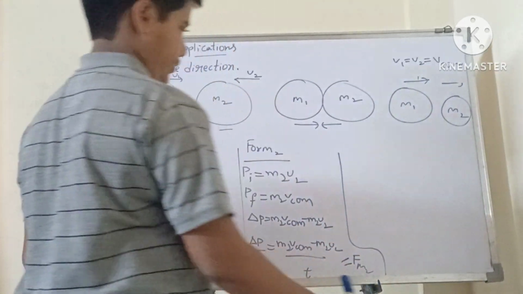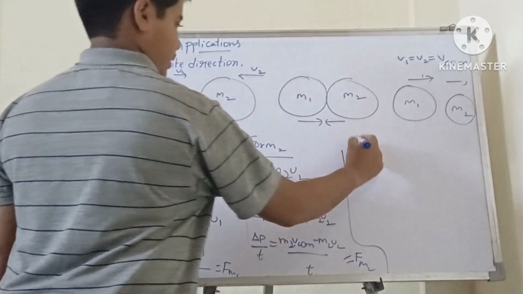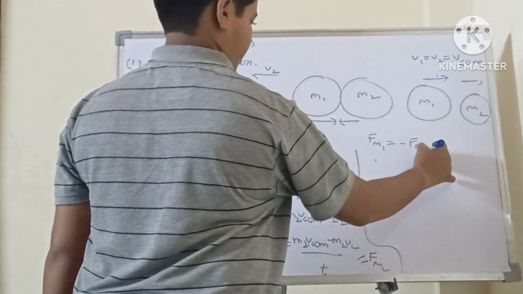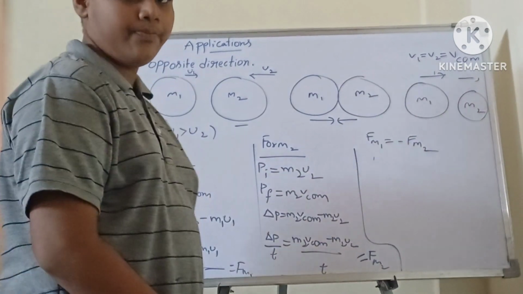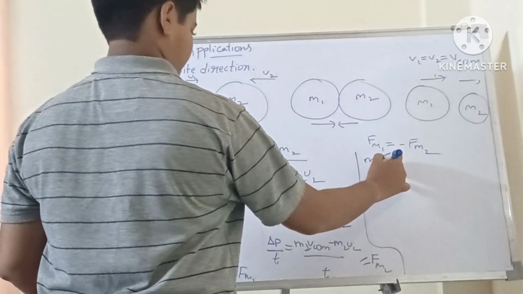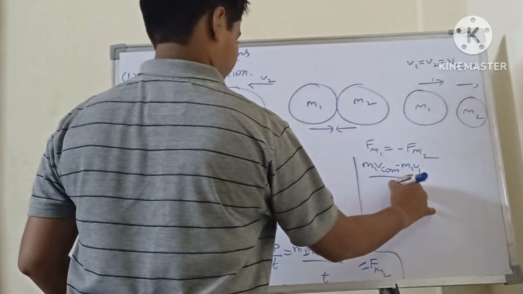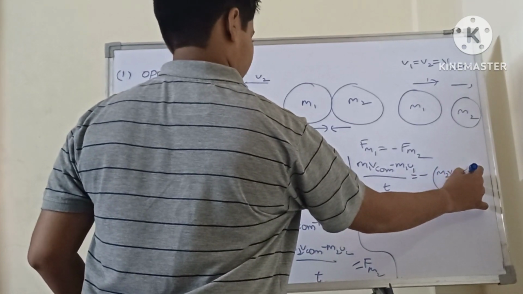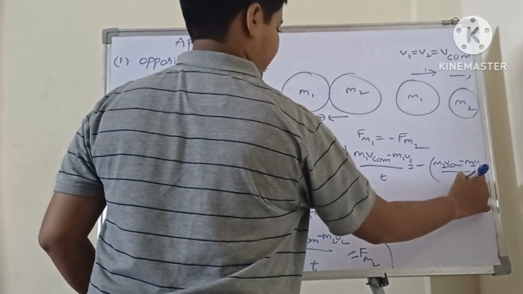So we already learned Newton's third law, every action has a reaction. So force of m1 is equal to minus of force of m2. Okay, so here m1 vcom minus m1 u1 by time is equal to minus of m2 vcom minus m2 u2 by time.